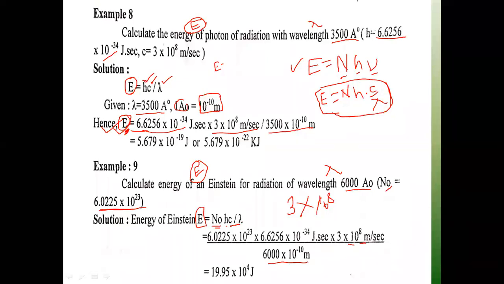The wavelength is also given. Every term you have to know: Avogadro's number, the Planck constant, and c, which is also a constant. Then put all these values in the equation E equals N h c upon lambda, and you can calculate the value of E. So these are the numericals.